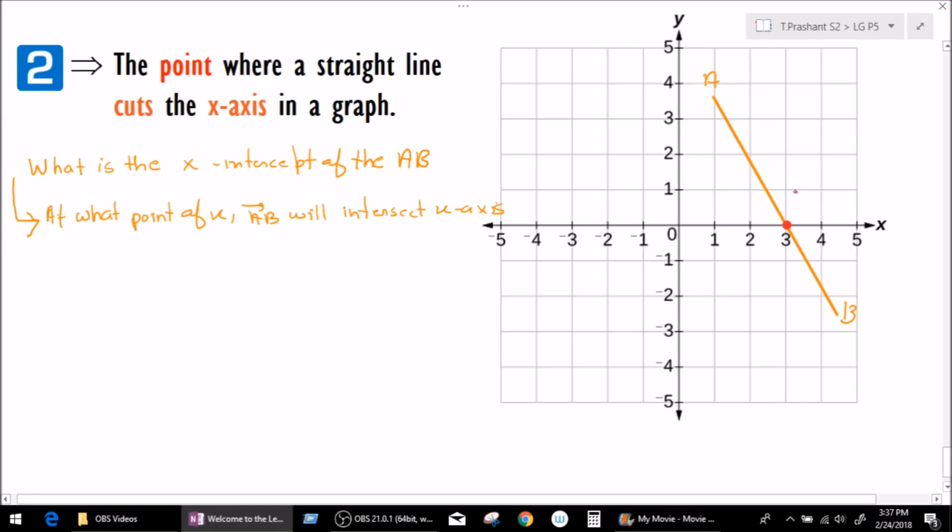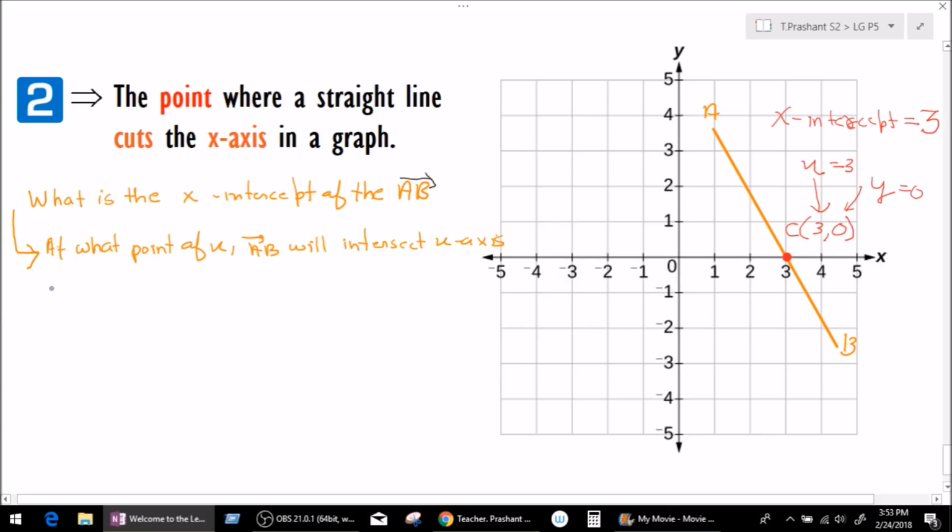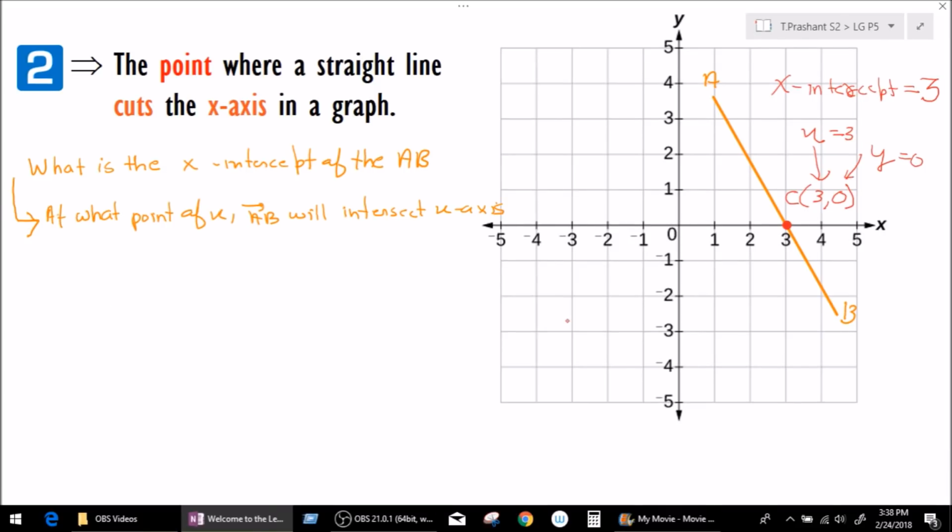Let's take this coordinate as C, and the x at C is 3 and y at C is 0. X is 3, y is 0, which gives out the value of x-intercept as 3. So let's write down the answer. X-intercept value of the line AB is 3. So that is how x-intercept is related to a straight line in a linear graph.